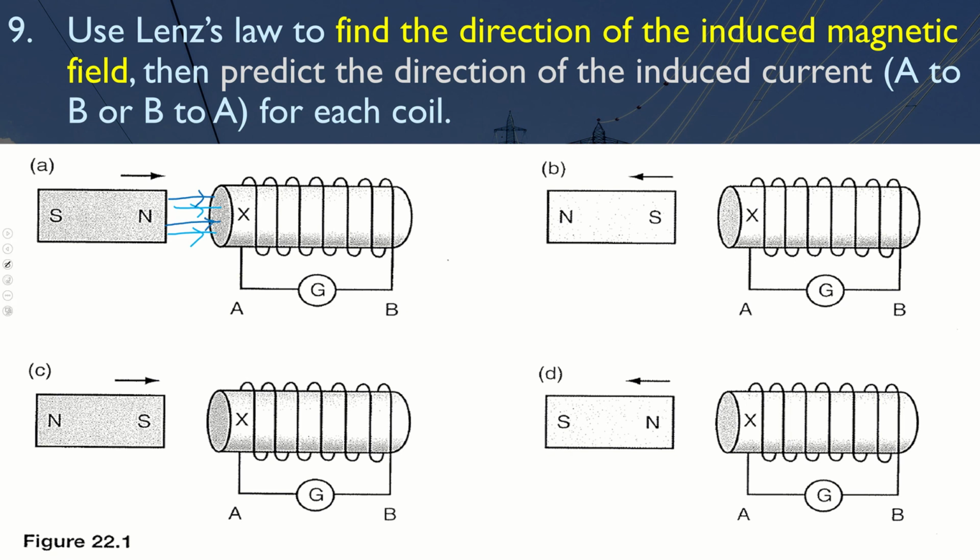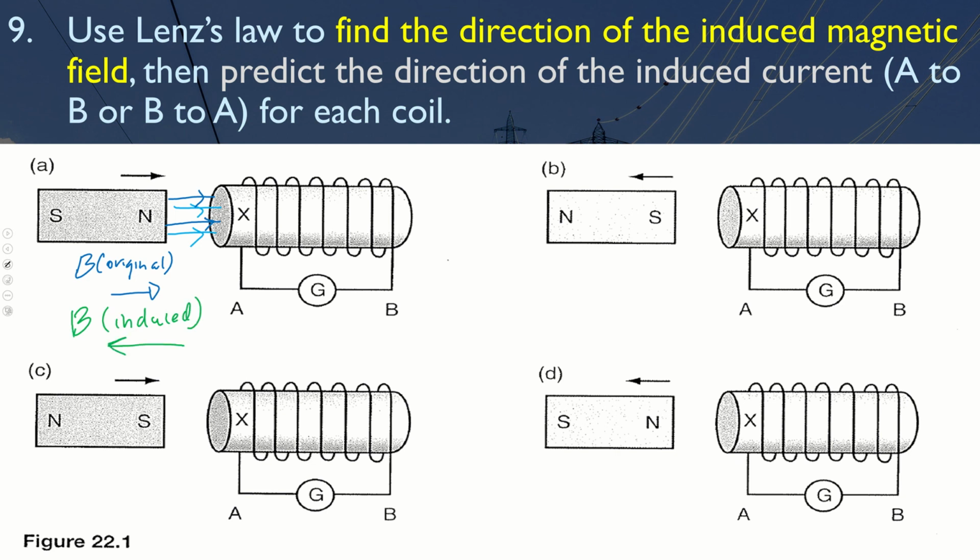Okay? So the B motion, the original motion I'm creating, is going this way. So according to Lenz's law, the induced magnetic field, the B induced, would oppose this by going this way.